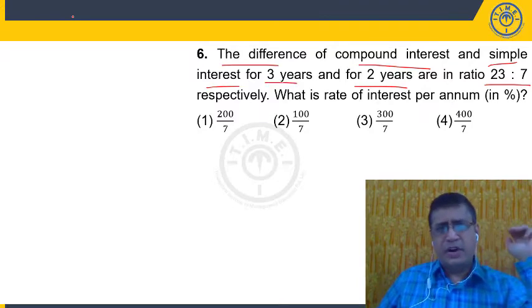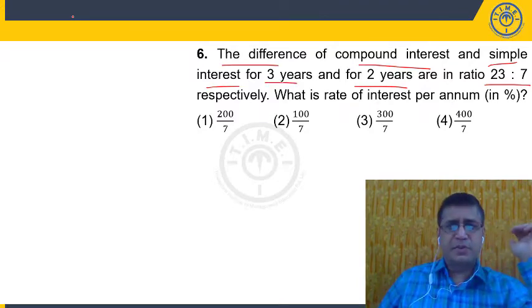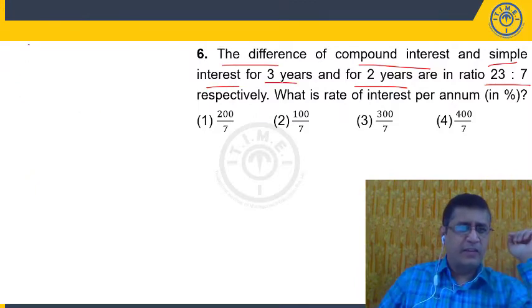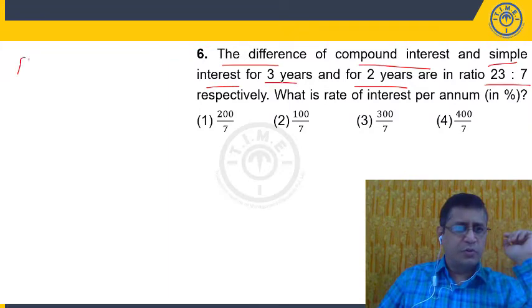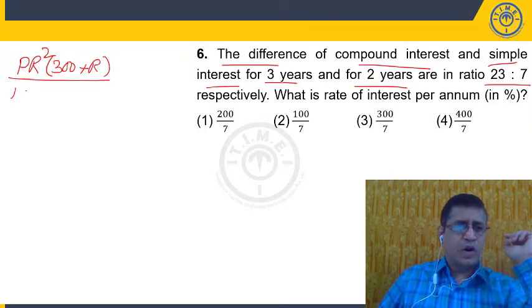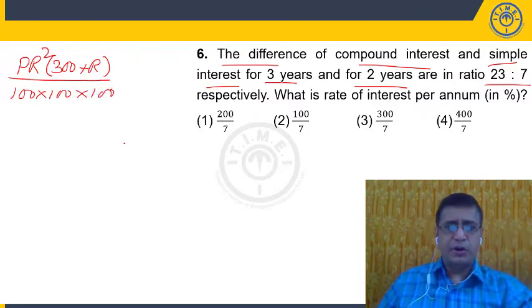Now, what is the formula to find the difference between the simple interest and compound interest using a simple formula here? Look at this one, I will give the formula here. For 3 years, you can answer the question just by using this formula. It is a very simple question. So PR square into 300 plus R by 100 into 100 into 100.